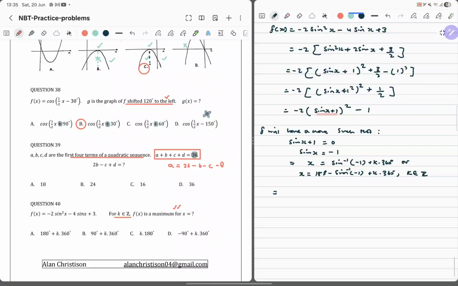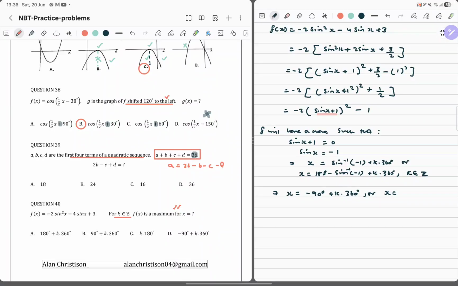Okay, so this implies x is, arc sine of minus 1 is minus 90 plus k times 360, or x is equal to, this is minus minus, so 180 plus 90 is 270, right?